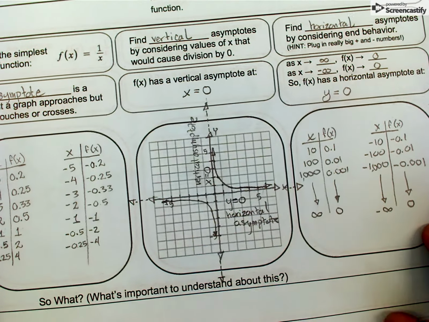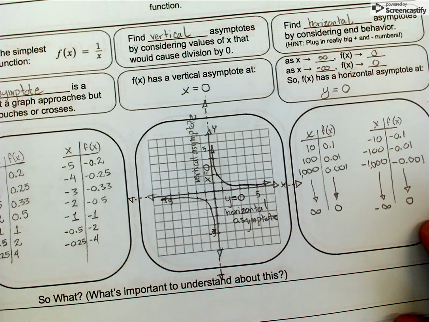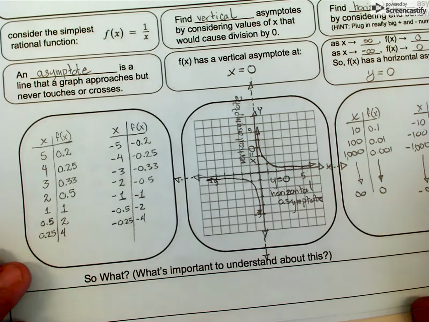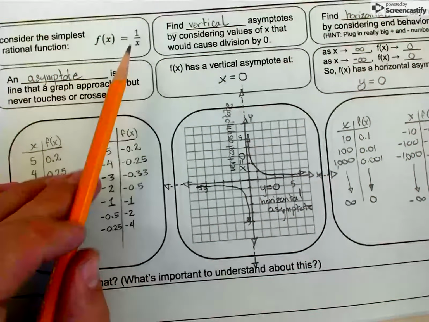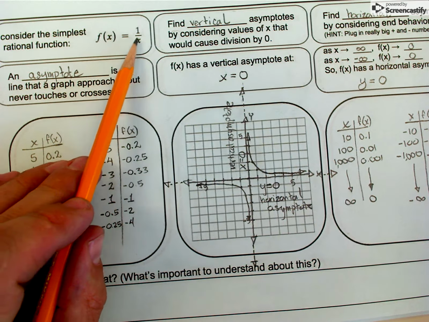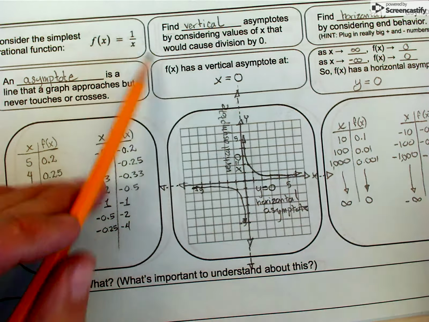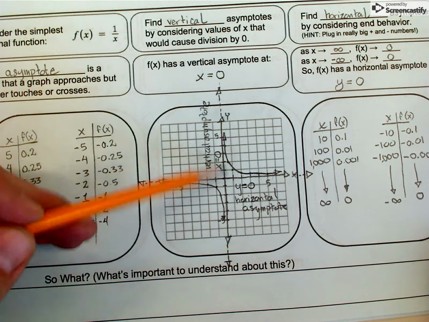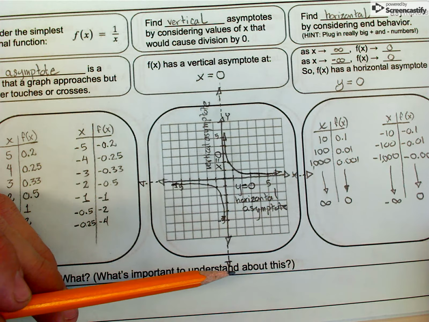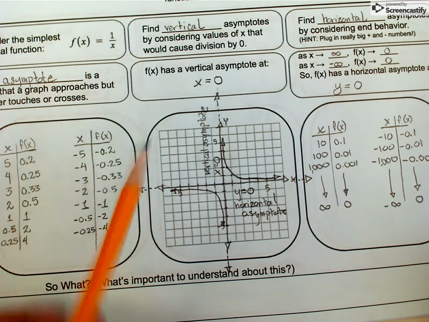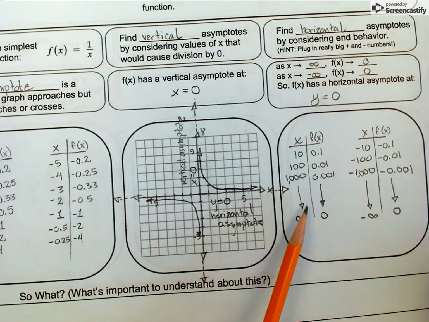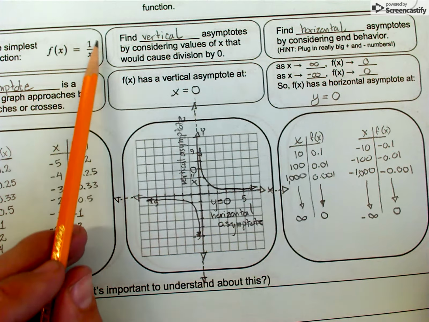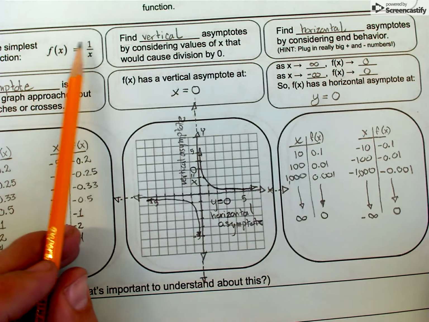Okay. And so this is how we produce a graph of a rational function. Certainly, we can always plot points, but we should be able to sketch rational functions pretty quickly by first looking at the values that cause division by 0 and putting our vertical asymptotes on our graph. And then we look at the end behavior, and we can do that just by plugging some numbers in for x, or we can plug the numbers in our heads.